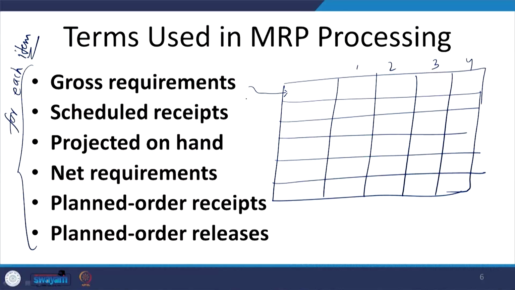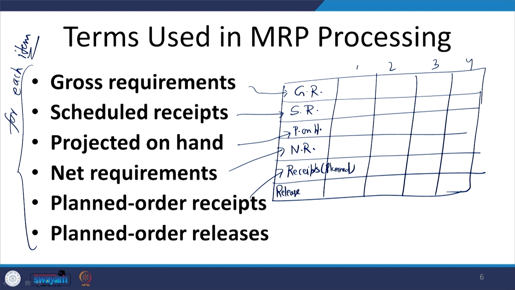So, the first table will have gross requirement, second row will have scheduled receipts, then projected on hand, then your net requirement, planned order receipts, and planned order release.